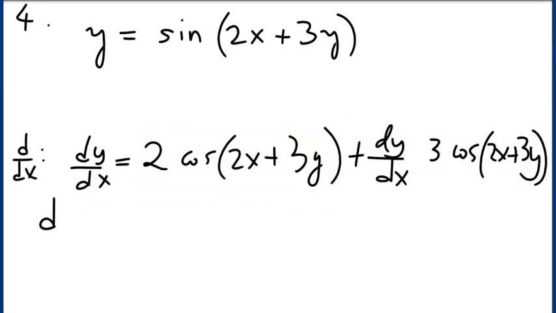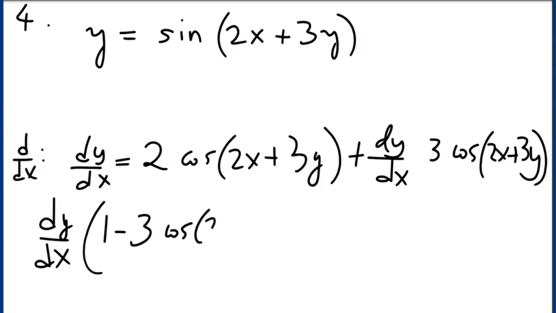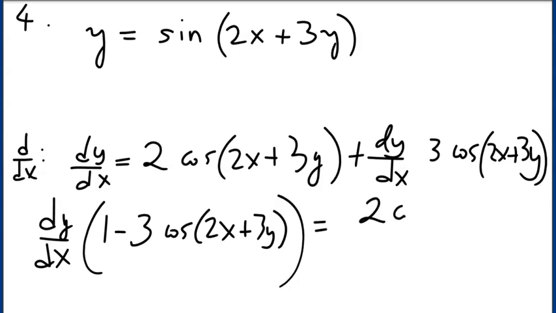Then factorizing finally dy/dx, factoring it out, you get 1 minus 3 cosine of (2x plus 3y) equals 2 cosine of (2x plus 3y).